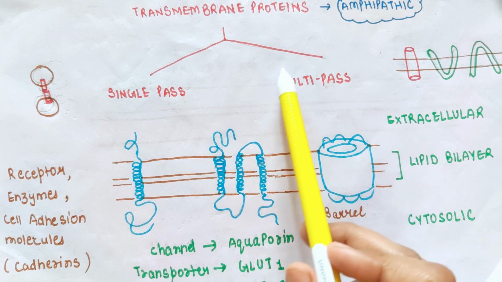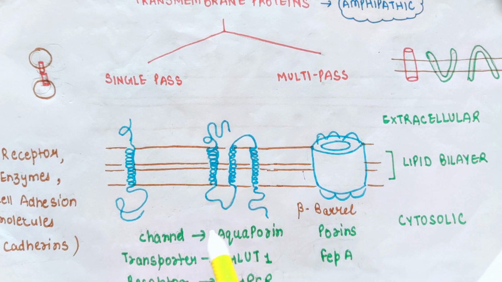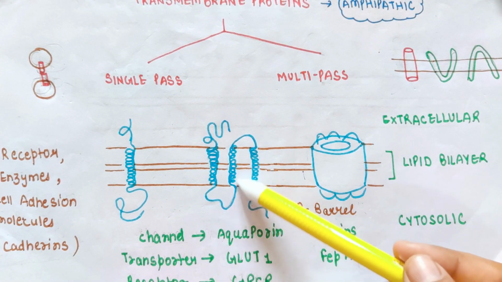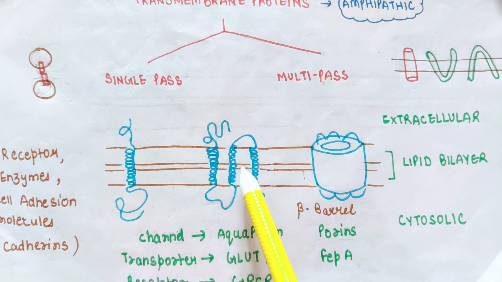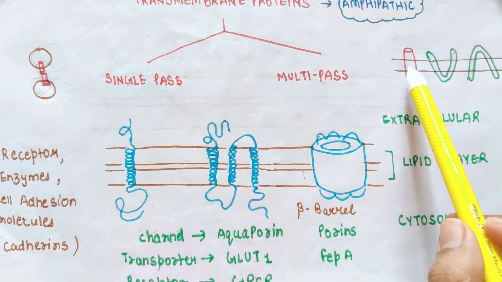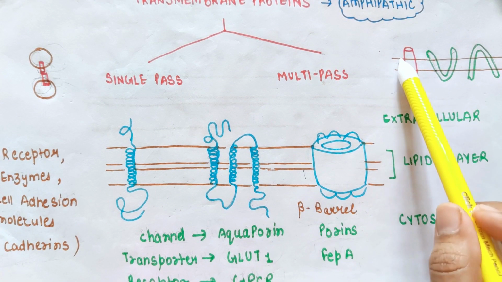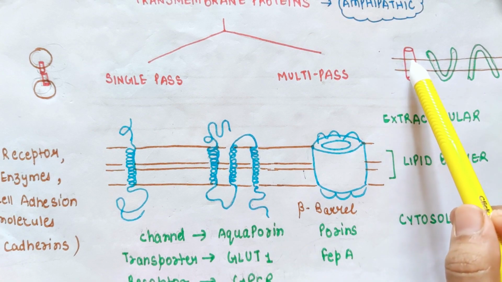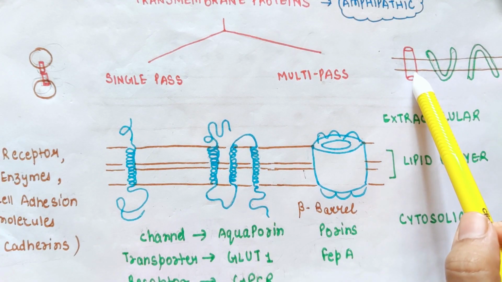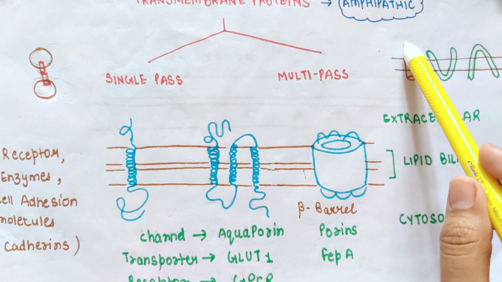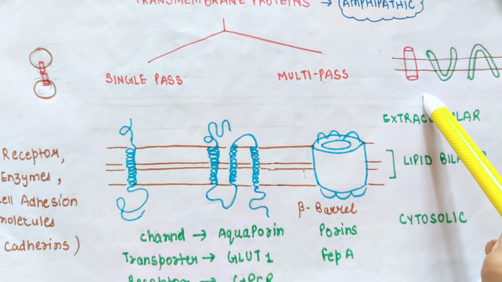Now these multipass transmembrane proteins serve the function of channel proteins, where these alpha helical polypeptide chains are very tightly packed to form a closed tunnel-like structure, where the exterior side is hydrophobic and the interior side of these tunnels is hydrophilic in nature, such that they can allow specific ions or hydrophilic molecules to pass across them.